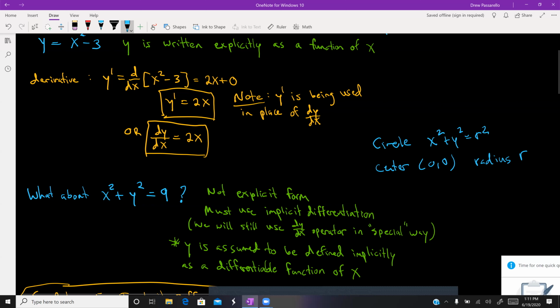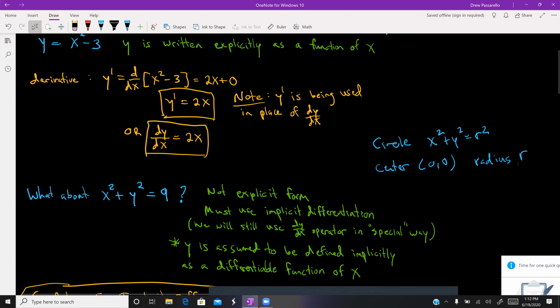So this is just added information, sort of an aside, to make sense of what this equation is. It's the equation of a circle centered at the origin 0, 0 with a radius of 3, because r squared is 9.